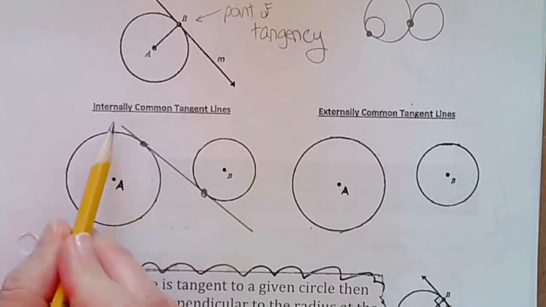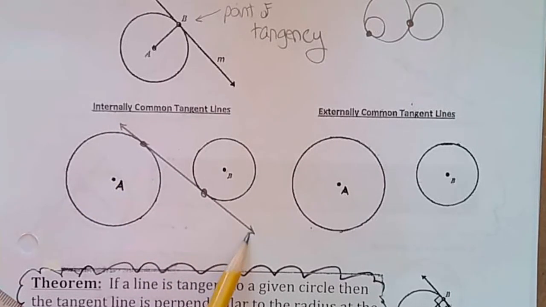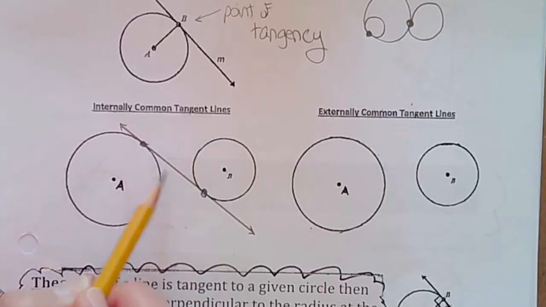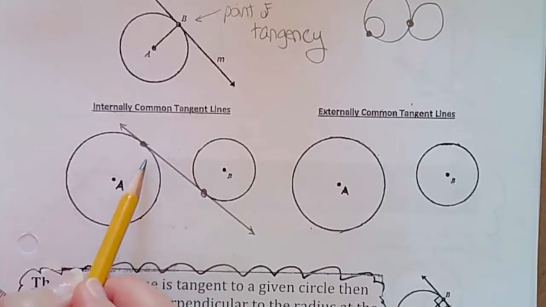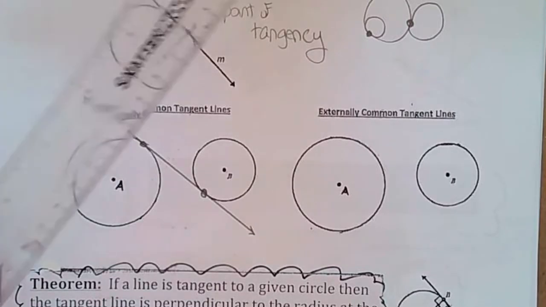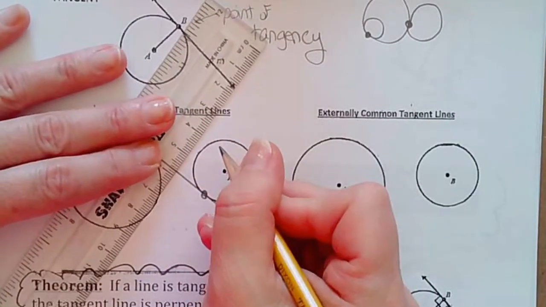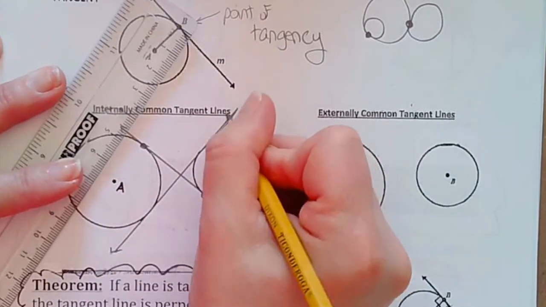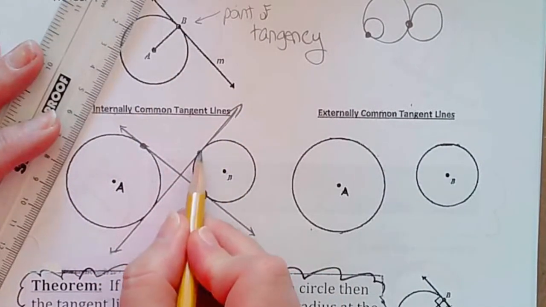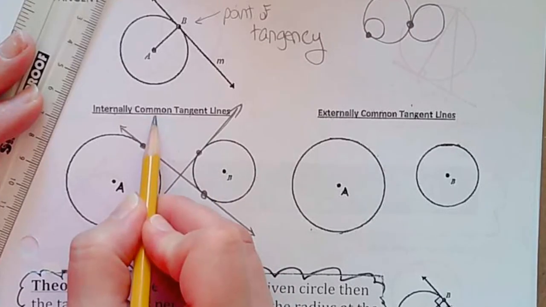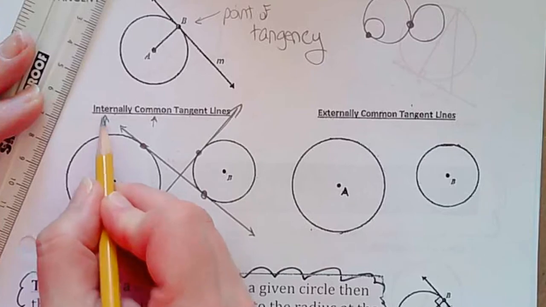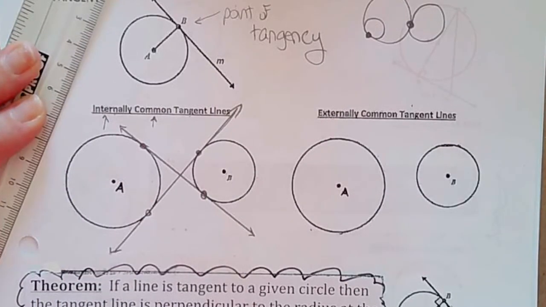So this is a line that we can say is internally tangent, because it's in here, and it's common to both of these. So that is one example. We can also draw this example here. So there's another line. It is tangent to both. That makes it a common tangent, and it crosses through this internal space. So that's why it's internally common tangent lines.